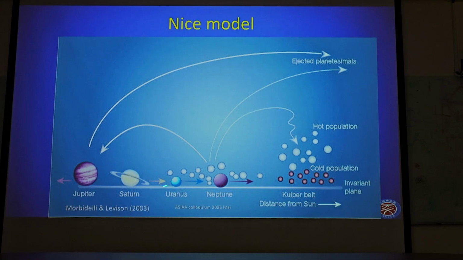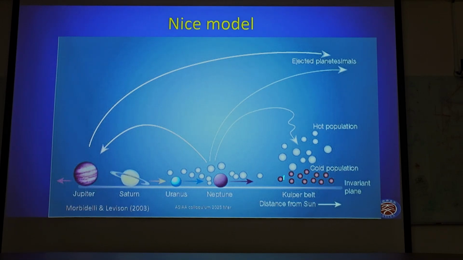So basically, what happened was that there was a period of significant migration of the large giant planets, which disturbed the small objects on the ecliptic plane, so that the scattered small objects were either injected inside the solar system or to the outside of the TNOs that we see.